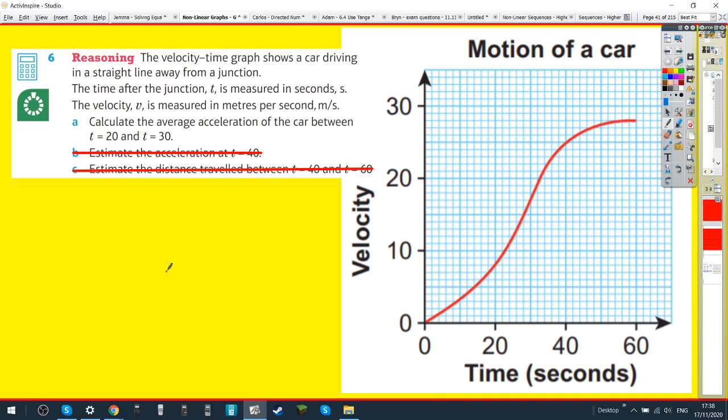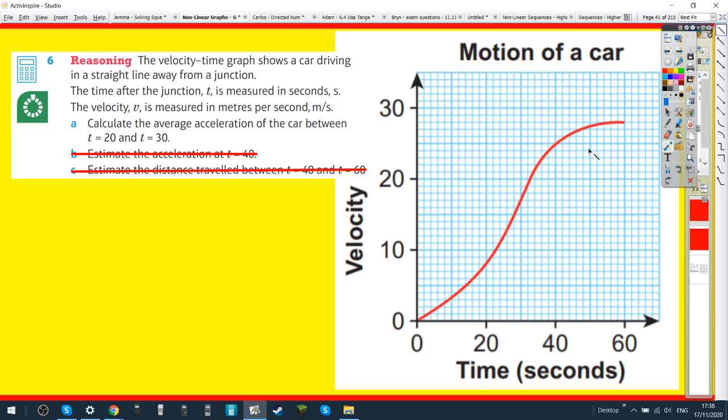Okay, how do we do this one? Question A. Calculate the average acceleration of the car between 20 and 30. So the acceleration. Do you have to make a straight line? Yep. Between what and what? Between 20 and 30. Yes. 30 is in between 20 and 40 in the middle.